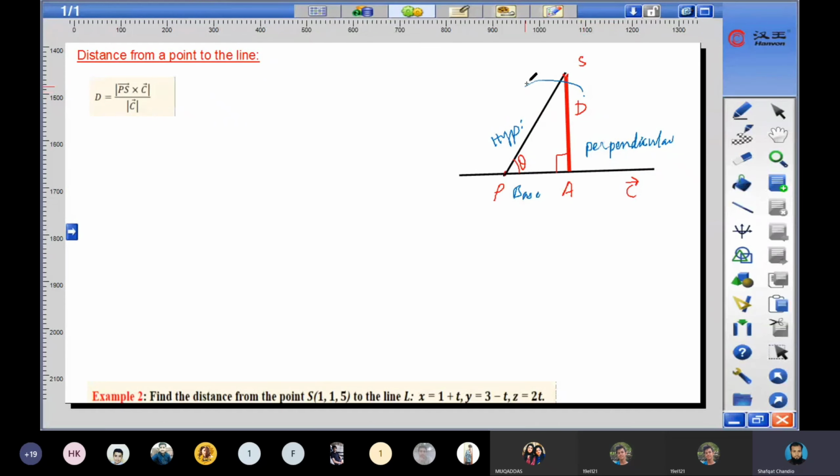So now if you apply this formula, perpendicular upon hypotenuse, then sine theta is actually equal to perpendicular divided by hypotenuse.